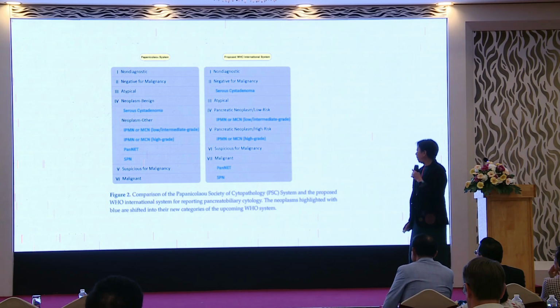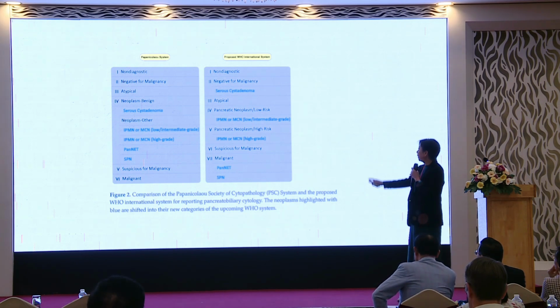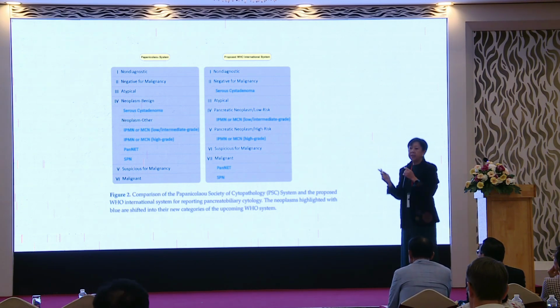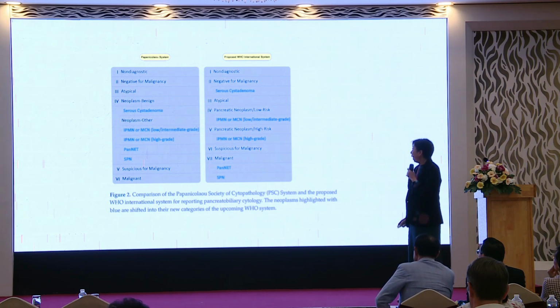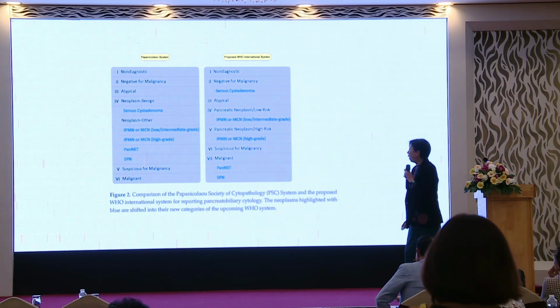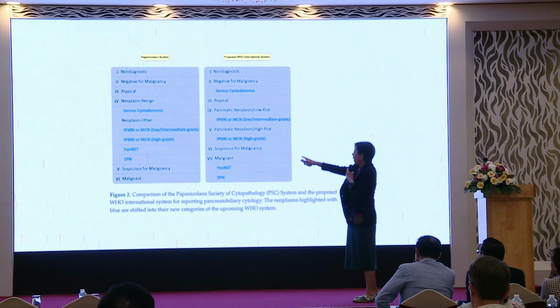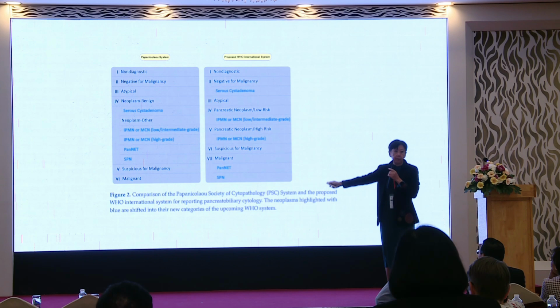So this is a table from the WHO. There has been a shift. For instance, serous cystadenoma in the WHO is now under negative, whereas previously it was under benign. And I think for us, the big thing was the Pancreatic, which was under neoplasm, under benign. It is now into malignant.